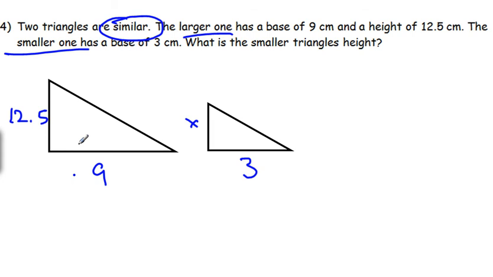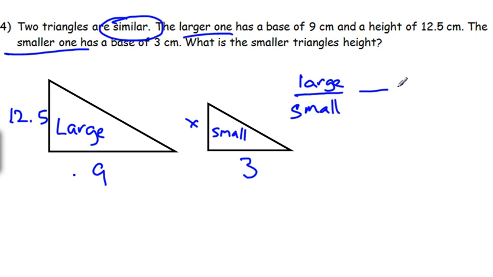Okay, so we have that. We can call this large. And we can call this small. And we can just make a proportion of this. Remember, anytime we talk about similar figures, always proportions. Large to small. And we can fill in some side lengths here.